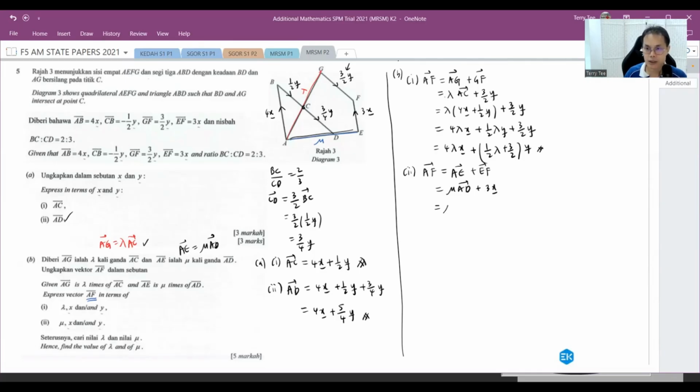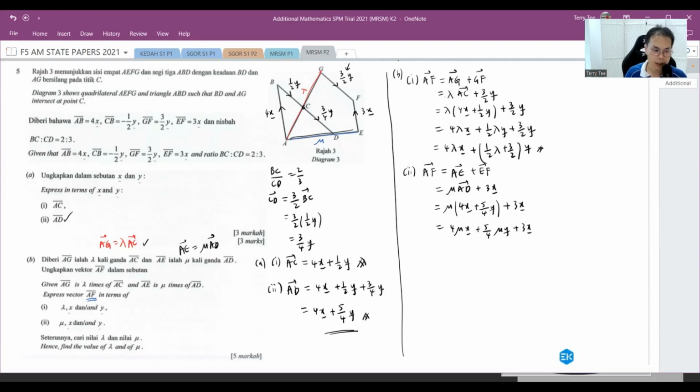Now, your AD we already have here: 4x plus 5/4y. And then you add 3x. So when you expand this, you get 4 mu x plus 5/4 mu y. Then you plus 3x.